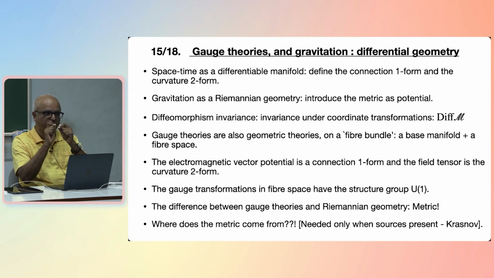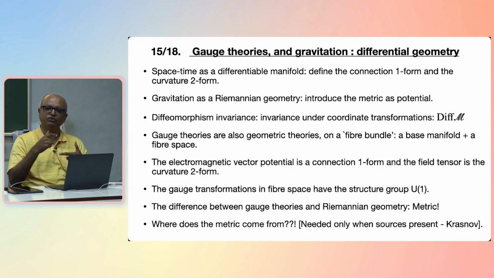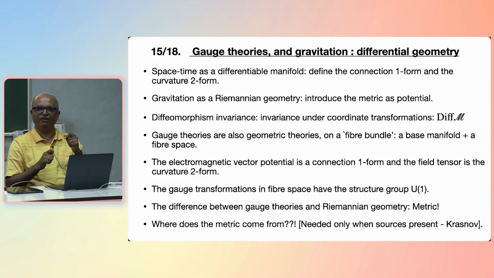But there also will be a subtle thing which will bring in the metric. I can convert this vector space into a Lie group, but I still need the metric. What we were trying to do is get rid of the metric so that the whole thing looks like a gauge theory. It's not a solved problem, but worth discussing.